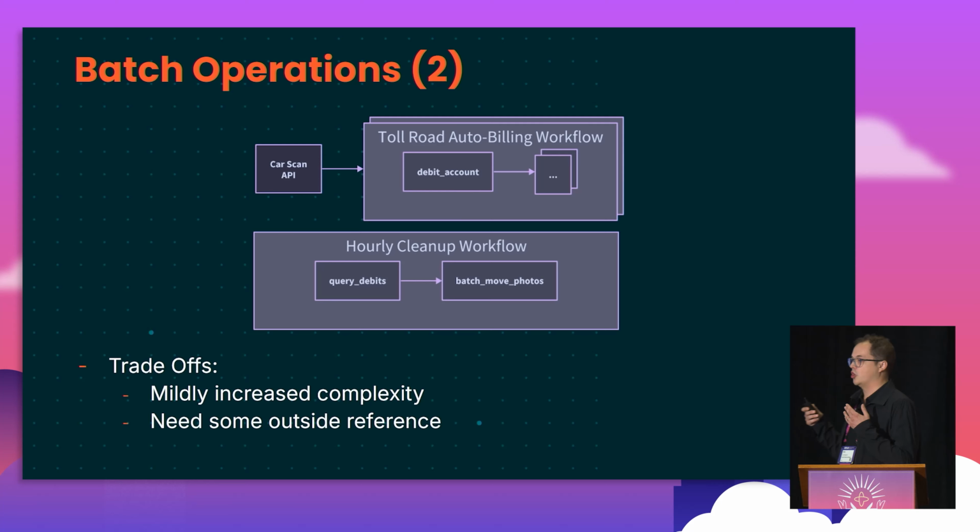So unless your cleanup workflow is going to save you multiple actions, you're kind of just breaking even. So to do this, you either need to save on multiple actions in your cleanup workflow or have some sort of outside reference of what you're going to be cleaning up. So yeah, you kind of need the right scenario, but this can be a great way to save on your action costs.